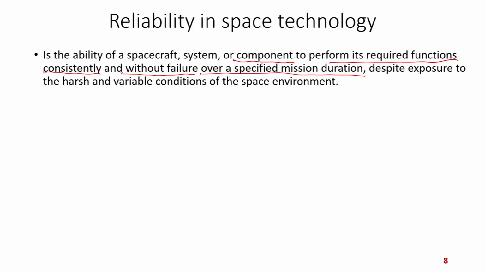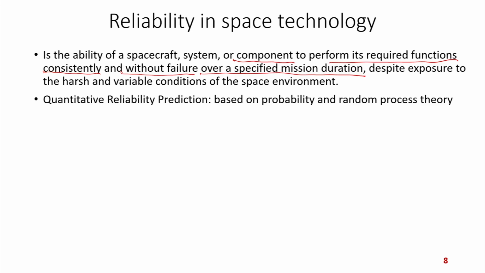One is the onboard propulsion system. If it is a chemical propulsion system, then whatever propellant you are using, you cannot have infinite quantity. So, that will decide the spacecraft or the mission life. So, basically this is the definition of reliability.